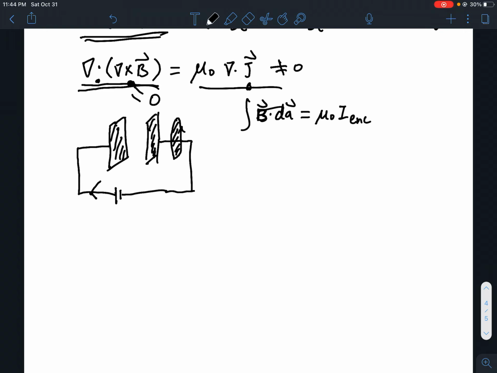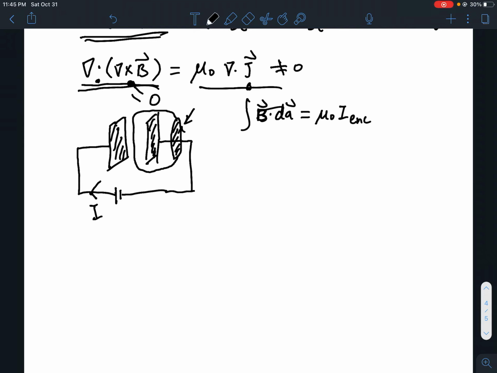If we choose this surface, the enclosed current is equal to the current through the wire, which is I. However, if we take a bubble shape, and this bubble shaped surface passes between the capacitor plates, we know that there is no current flowing through.